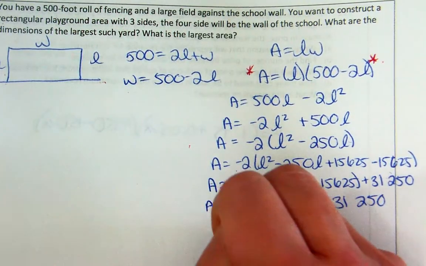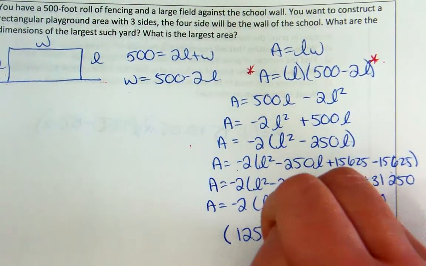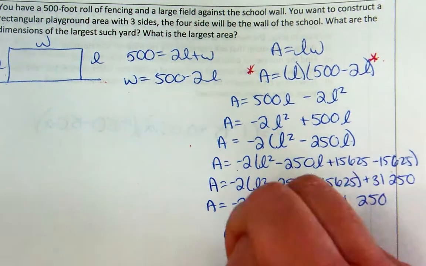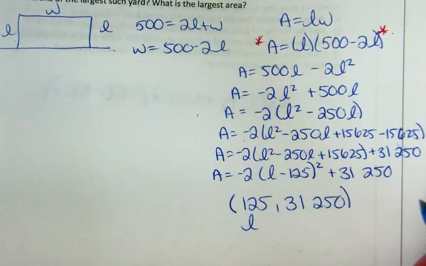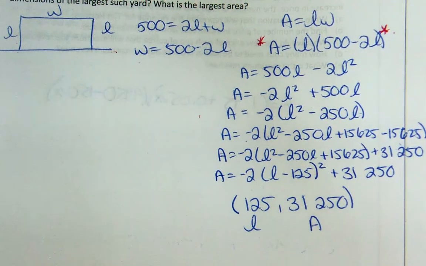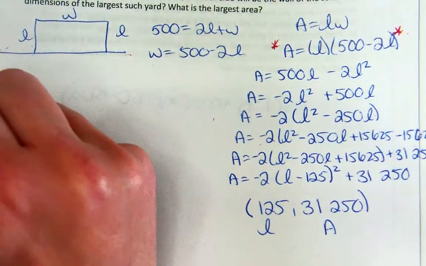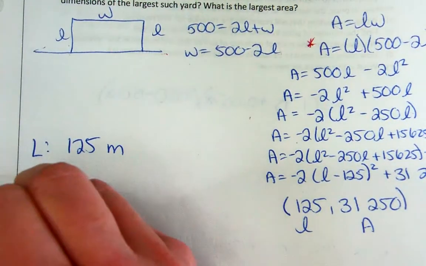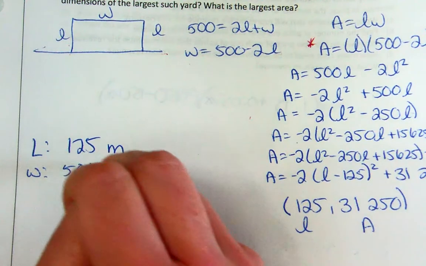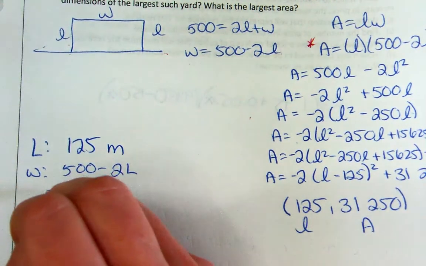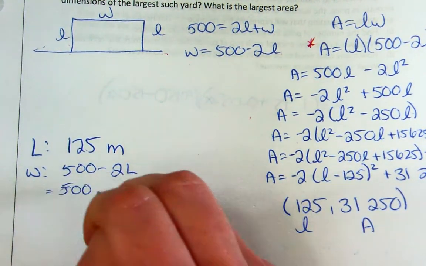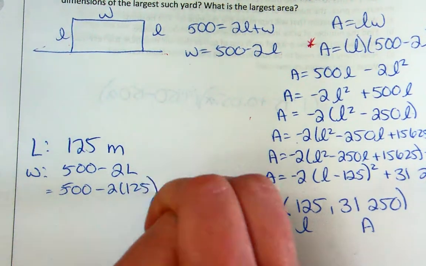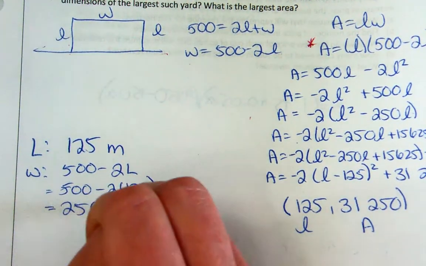My vertex is 125 and 31250. 125 is my length in this case. 31250 is my area. So length is 125 feet. Width is 500 minus 2 times length. So 500 minus 2 times 125. So my width is 250 feet.